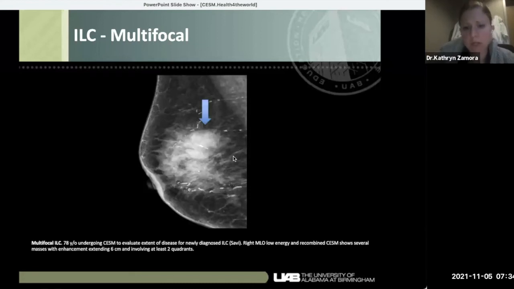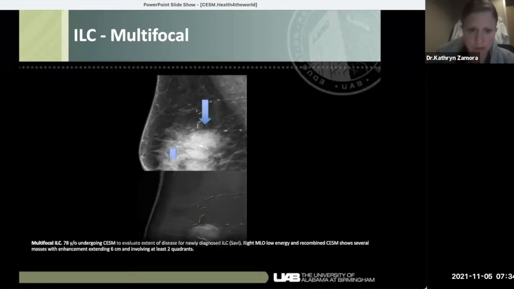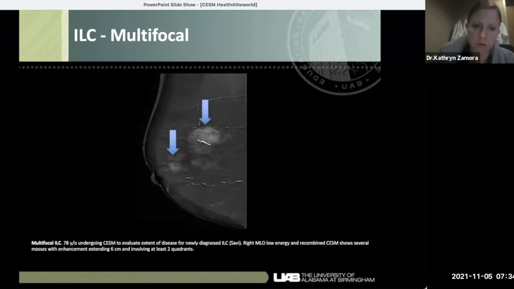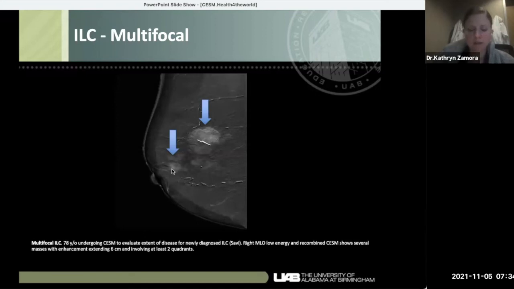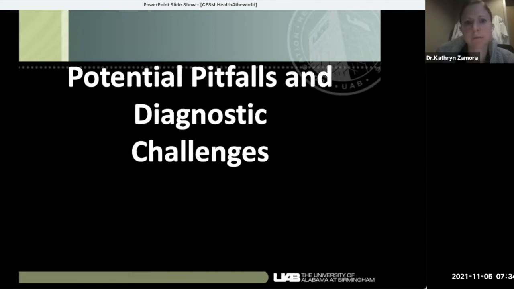She had dense breasts and was unable to undergo MRI examination, so we did contrast enhanced mammography. Unfortunately, in addition to the biopsy-proven malignancy, she also had extensive disease extending over 6 centimeters and involving at least 2 quadrants, and she was unable to undergo breast conservation therapy.